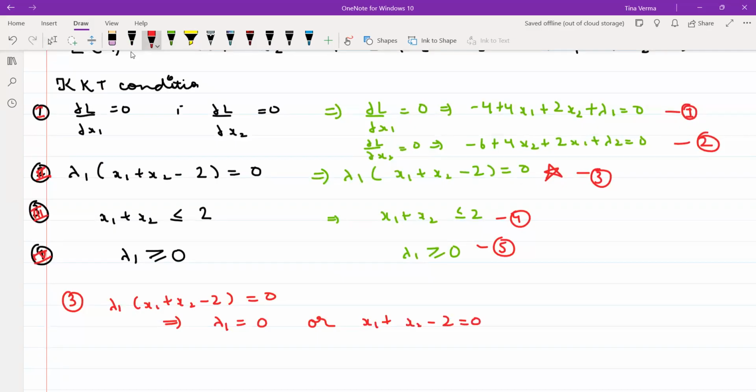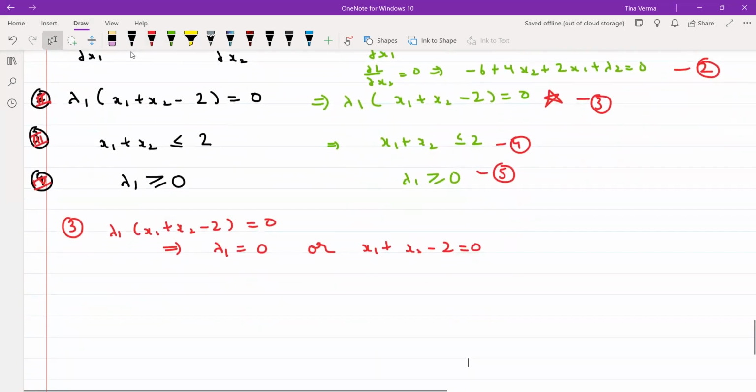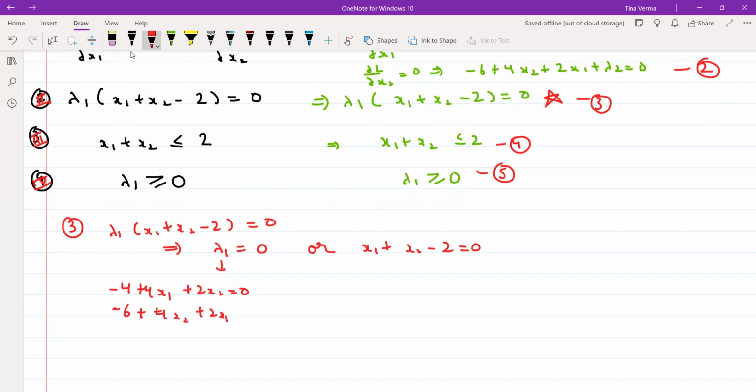If I consider the case that lambda 1 is 0, then for the first equation I have minus 4 plus 4x1 plus 2x2 equal to 0, and for the second equation, minus 6 plus 4x2 plus 2x1 equal to 0. So I have two equations in two variables. You can solve this and you will get x1 as 1 by 3.